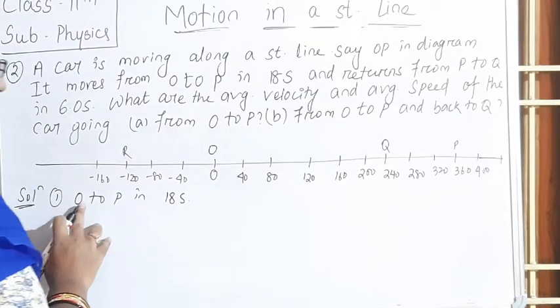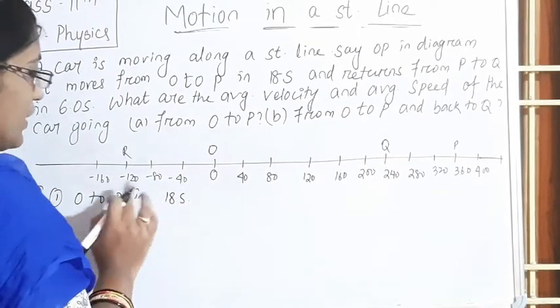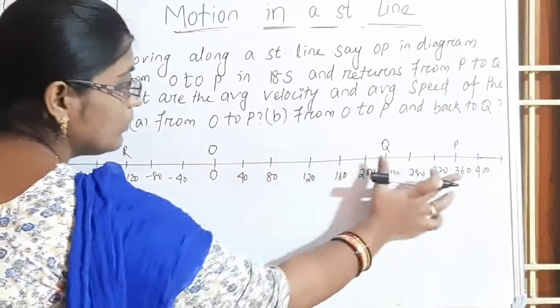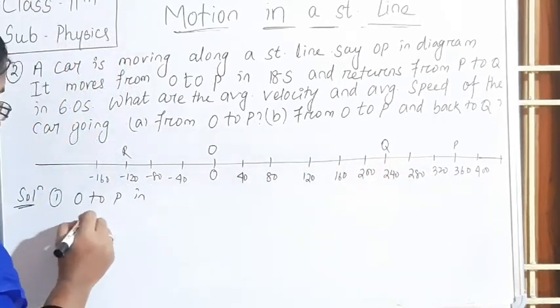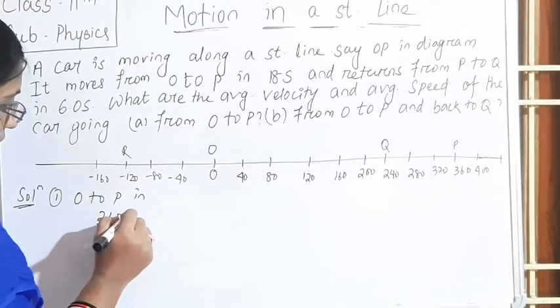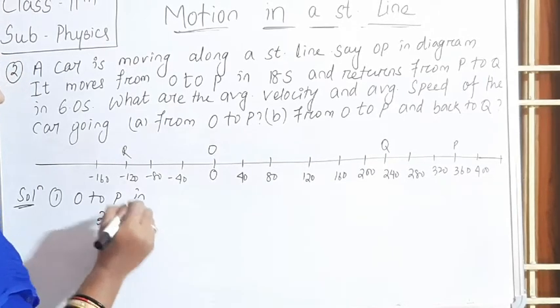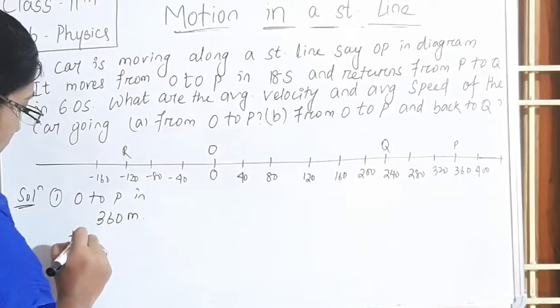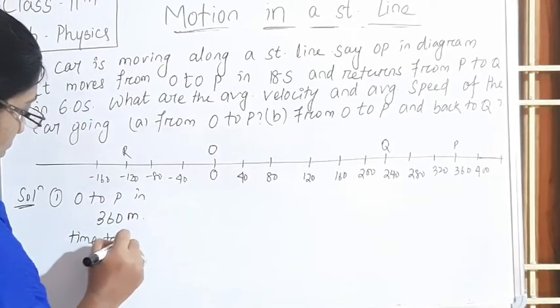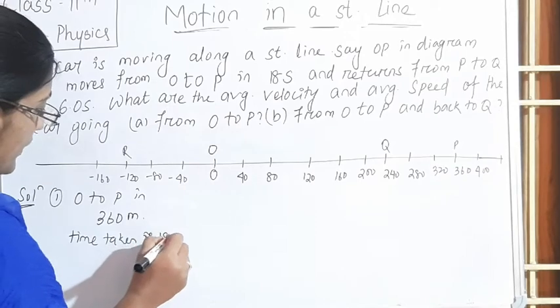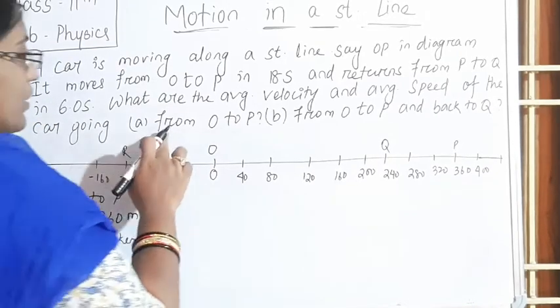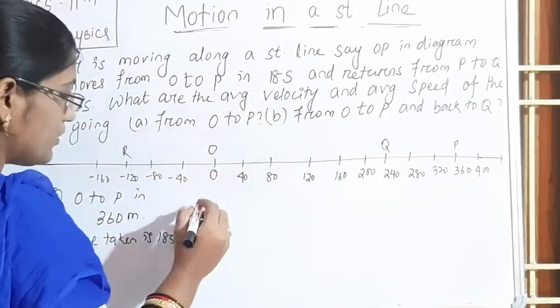When the car is moving from O to P, the total distance is 360 meters. Then time taken is 18 seconds. These are the given values, and we have to find the average velocity.